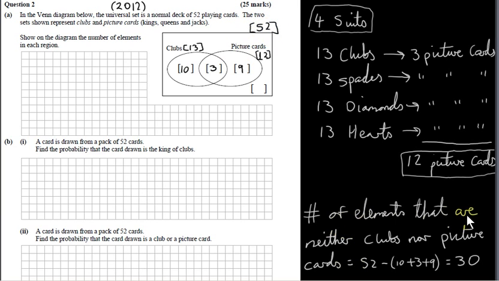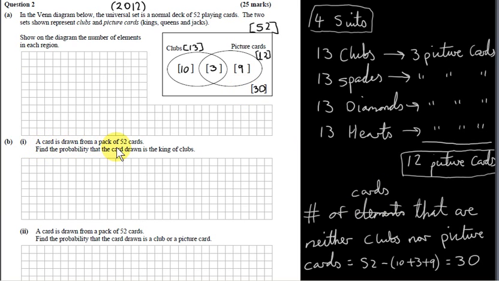So the number of elements that are neither clubs nor picture cards is 52 minus the sum of these 3 numbers. That all works out to 30. Now when I say elements here, the elements in this question are cards. Well, in general, we use the word element. So we have 30 here.